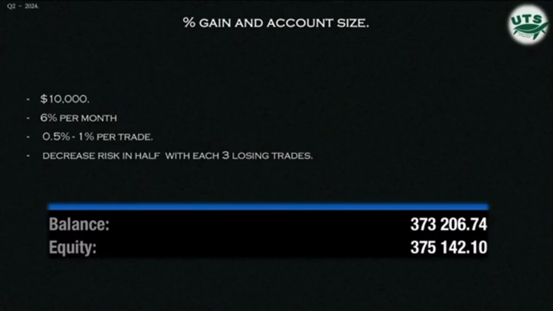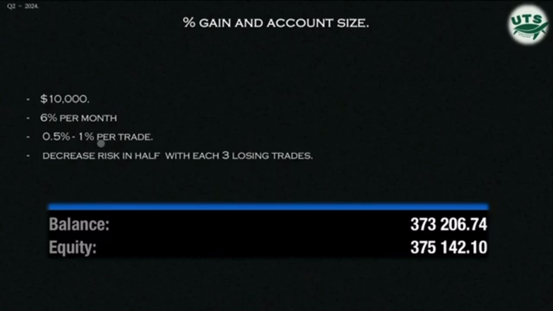Take $10,000. If you have less and you have nothing else to work with, then sure, use every 4 hours as a monthly candle, and use this as your aim per 4 hour candle. $10,000, 6%, 0.5 to 1% per trade.